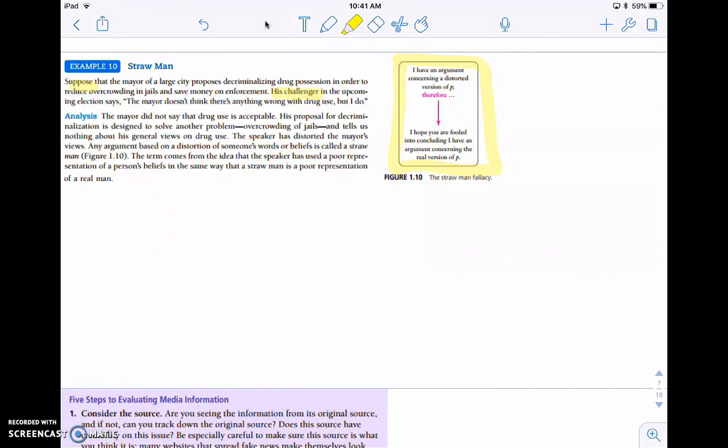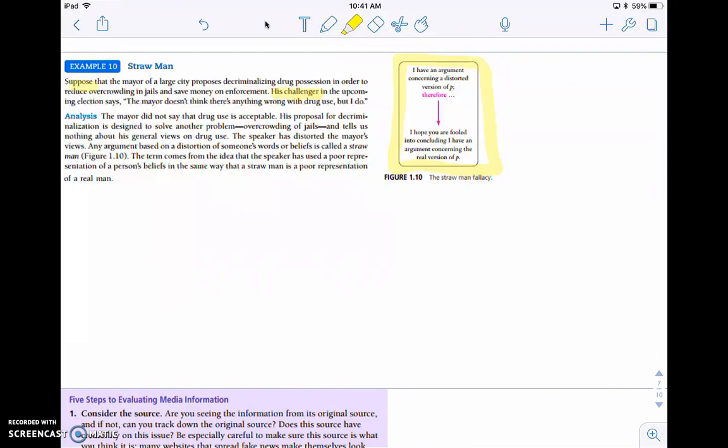In this example, the distortion is that the mayor wants to decriminalize drug possession, and the fooled conclusion is that by decriminalizing, the mayor doesn't believe that drug abuse is bad, or that the use of drugs is bad or wrong.